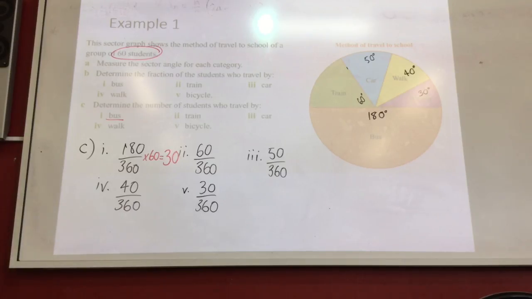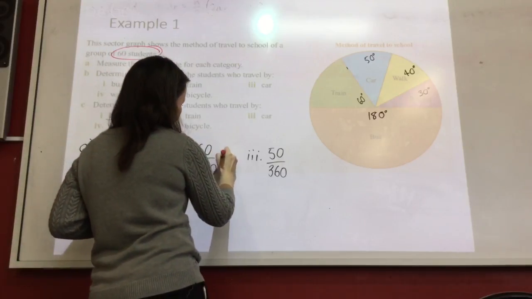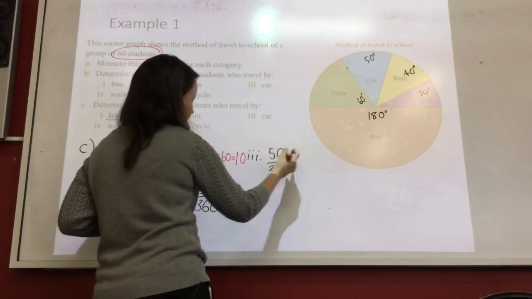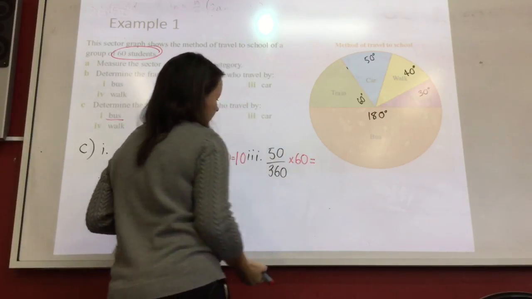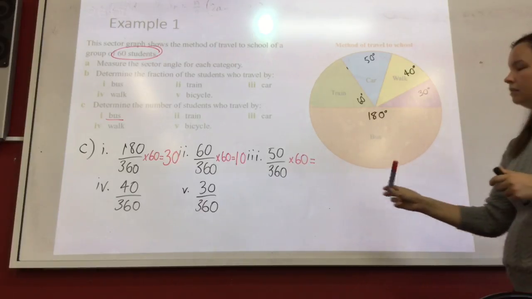What do I times the next fraction by? 60. 360 again. This one, what's that one?